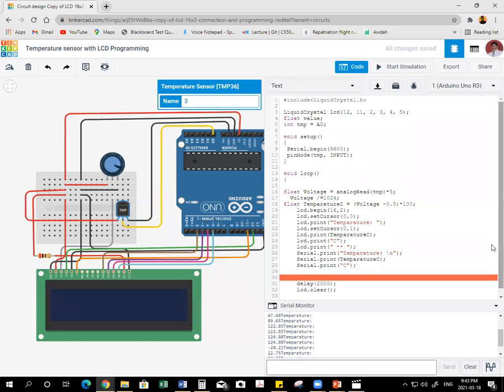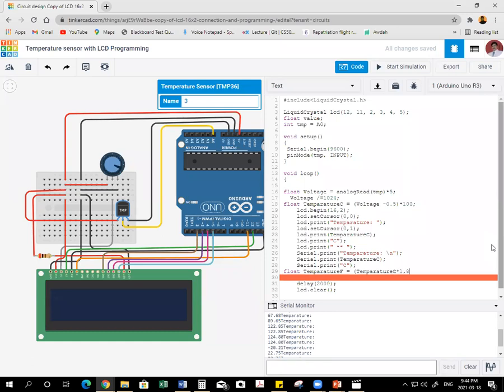Now I have to use another variable, float temperatureF, that is degree Fahrenheit, which I can set equal to, in brackets, temperatureC multiplied by 1.8.